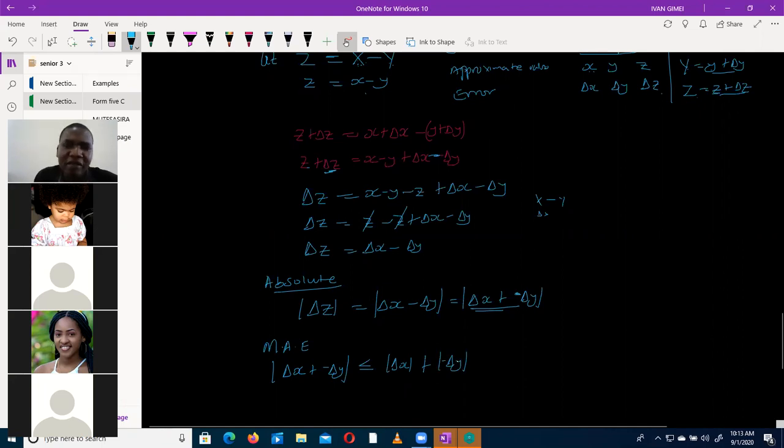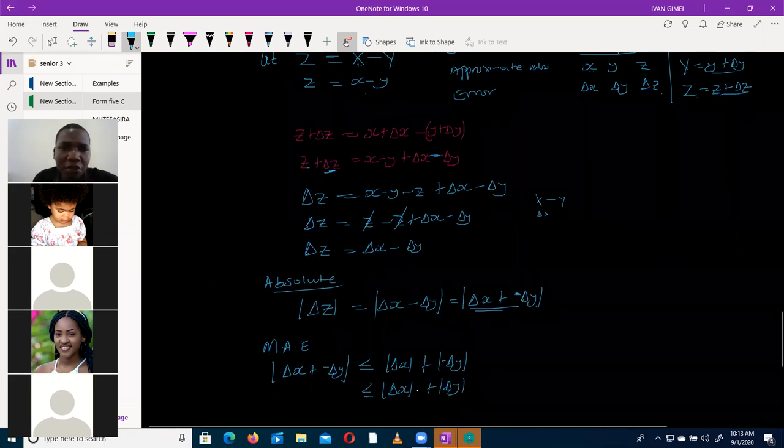But you know that the modulus of a negative is always a positive. So this is less or equal to the modulus of error in x plus the modulus of error in y. You can ignore the negative since you're applying modulus. So the maximum possible absolute error in subtraction is the same as the maximum absolute error in addition. This is what we ended up with in the previous derivation.